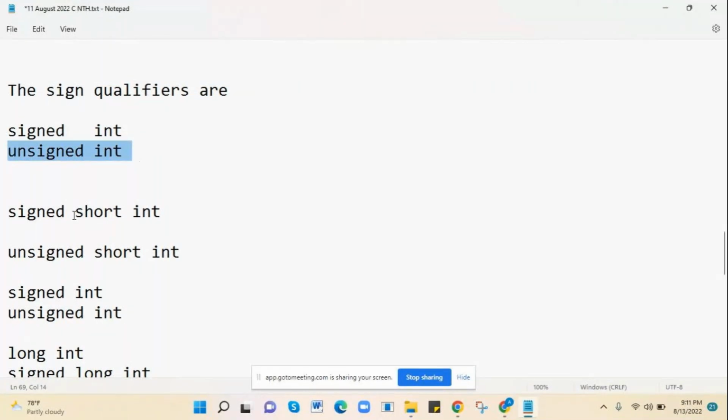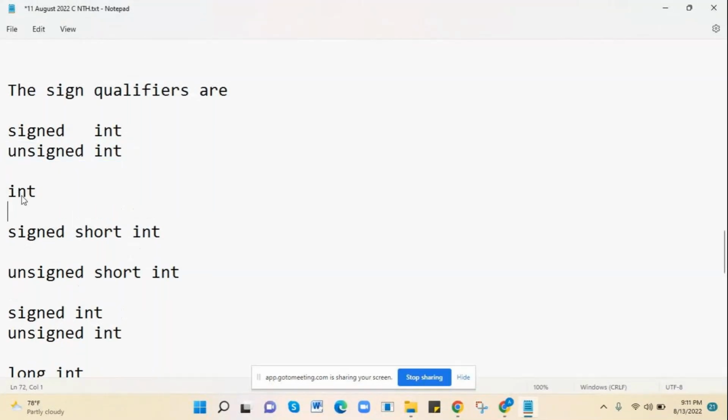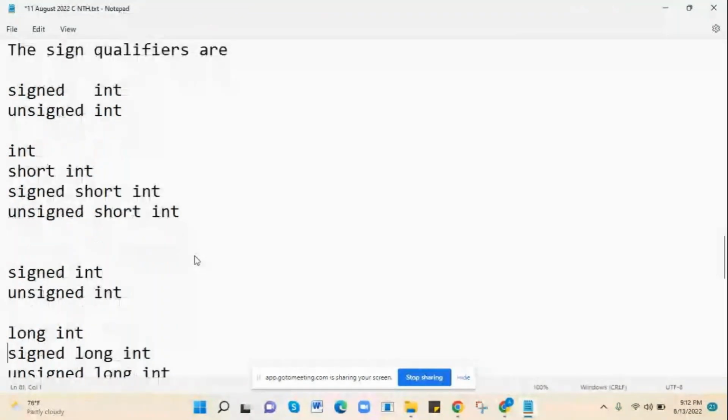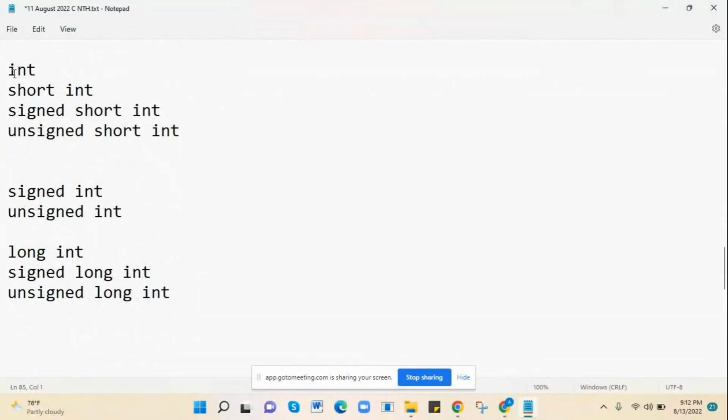For example, we have int, we have short int, we have unsigned short int. You see, we have int. It is a basic data type. If you add the short qualifier, it will be short int. If you use signed and unsigned qualifiers, then it will be signed short int and unsigned short int.